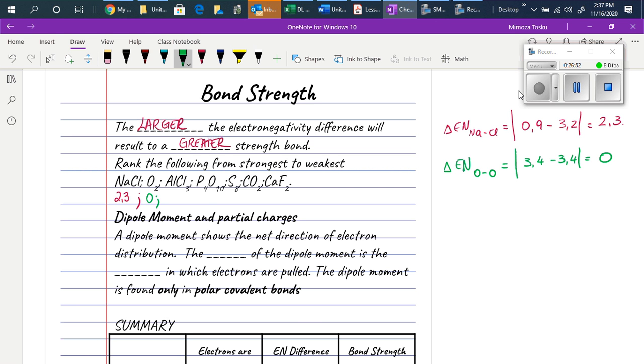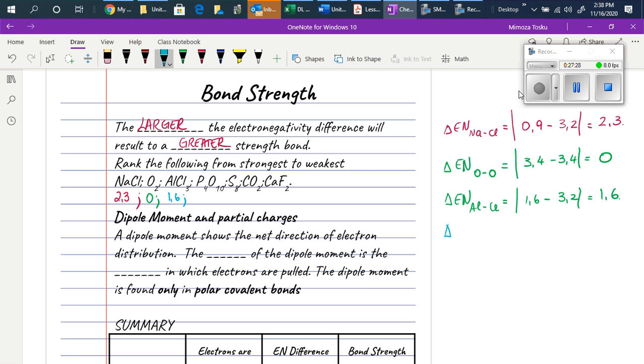And then we have aluminum chloride. The electronegativity difference between aluminum and chlorine is 3.2 minus 1.6, which equals 1.6. Then we have tetraphosphorus decoxide.